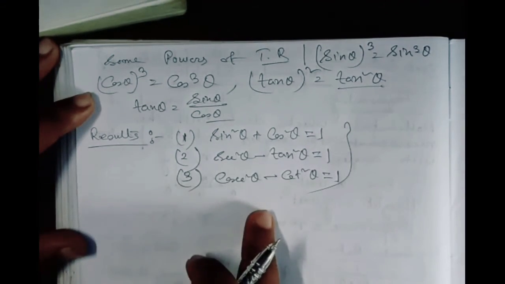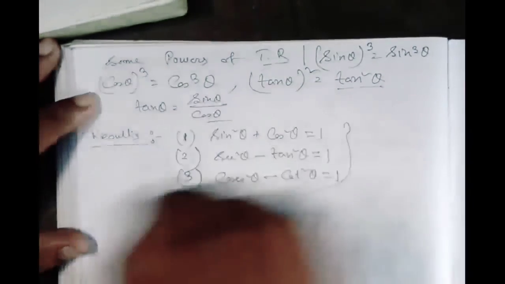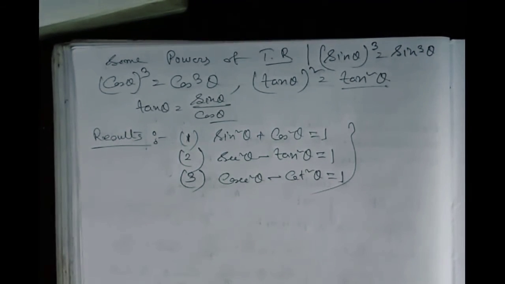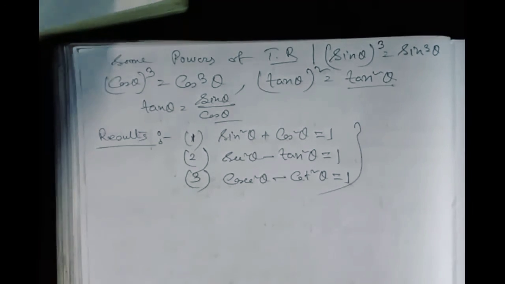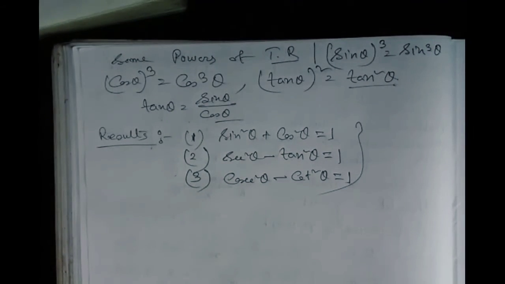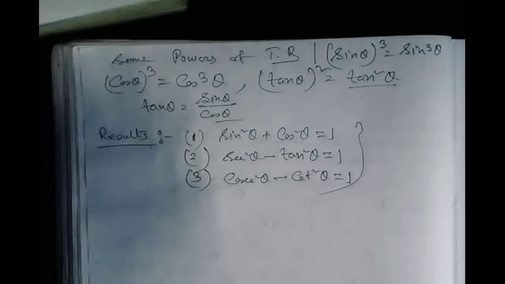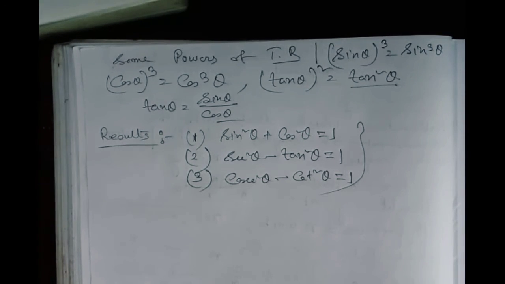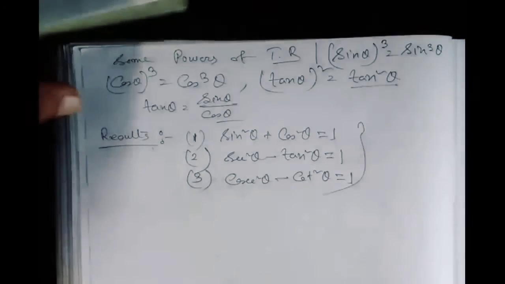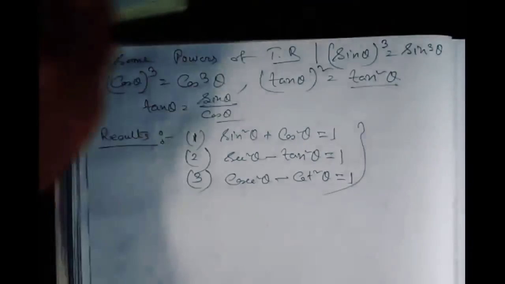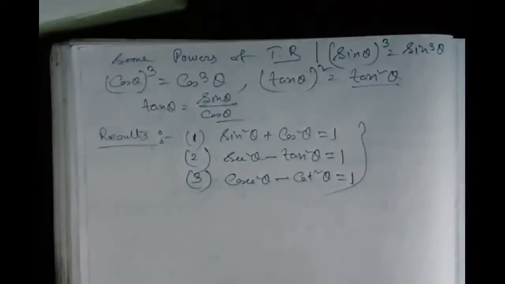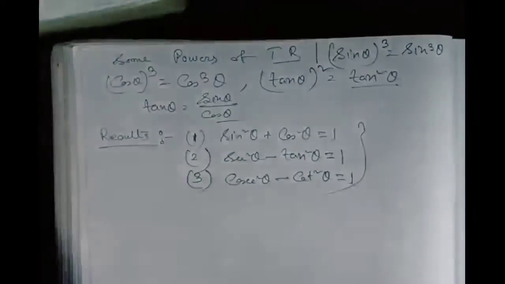The proof is given in R.S. Agarwal math book. So if you need the proof, then you can go through the R.S. Agarwal math book. Next, some solved examples are also given in R.S. Agarwal. After that we are going to start the exercise of R.S. Agarwal.